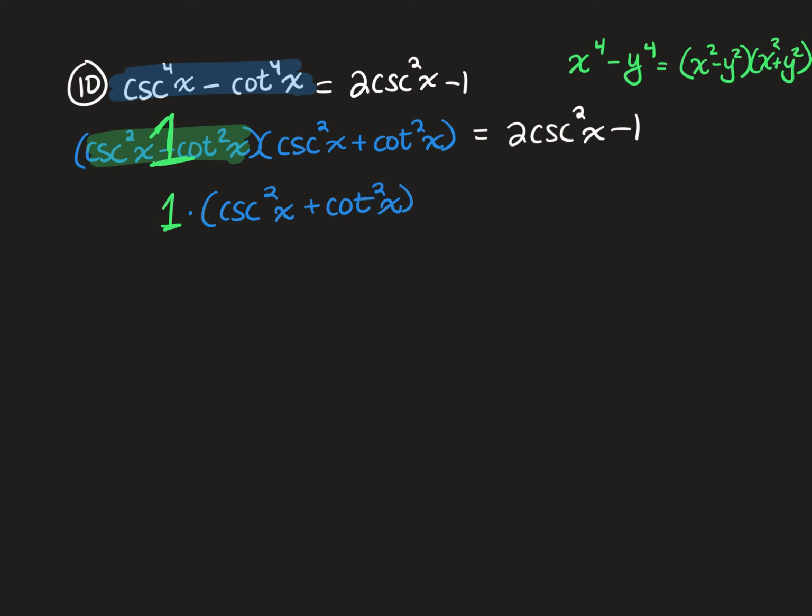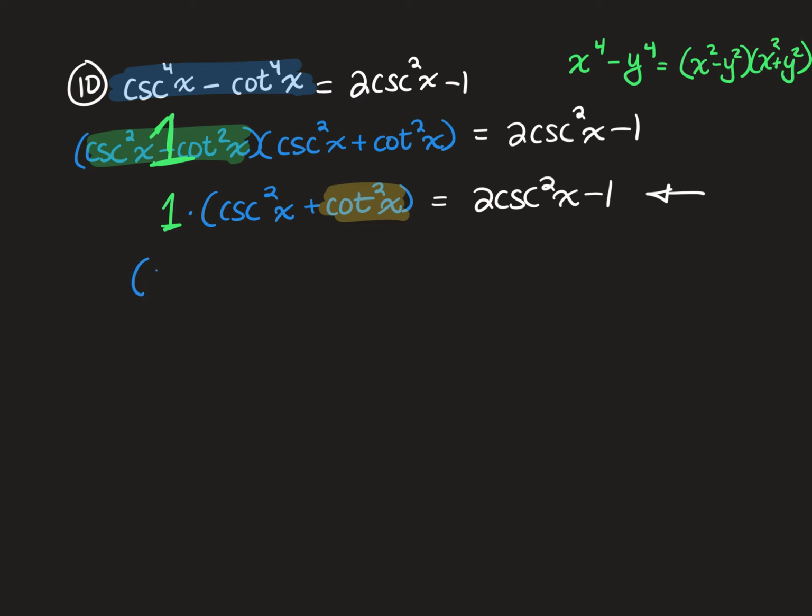Now, here's the thing. The way that's written is not a Pythagorean identity. However, I noticed that on the right side, I want only cosecant squared. So I'm going to focus on how I could change this cotangent squared into something with cosecant squared.